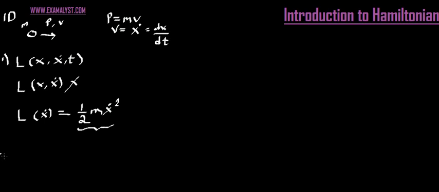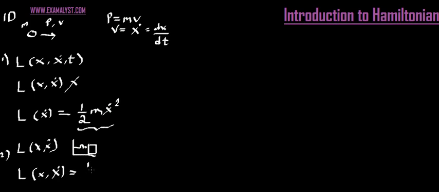However, I can give another example where your Lagrangian will be a function of both x and x dot. Let us see. Consider a spring mass system. We have discussed the spring mass system in great detail. So what is the Lagrangian for a spring mass system? Let me tell you in advance that this Lagrangian will be a function of x and x dot.